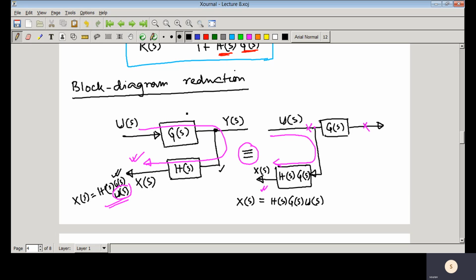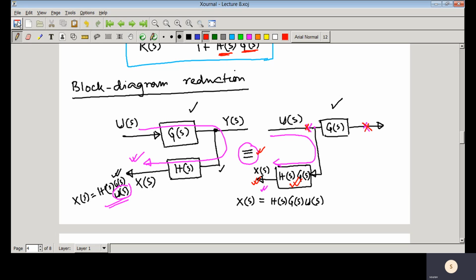So you can say that this block diagram and this block diagram are equivalent. Here, if you change the branching point position from here to here, then you need to change this block transfer function to keep the same signal here. Only then these two block diagram representations would be equivalent.